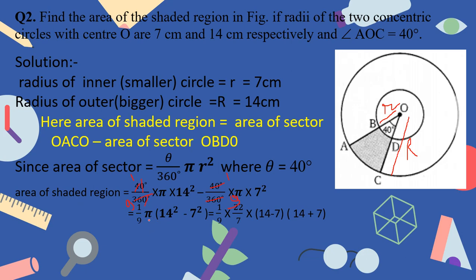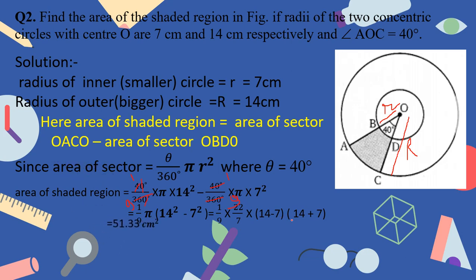So 1 by 9 pi is the common in both the terms. We get 14 square minus 7 square. We can write a square minus b square as a minus b into a plus b. So 1 by 9 into 22/7, pi is 22/7, into 14 minus 7 into 14 plus 7.